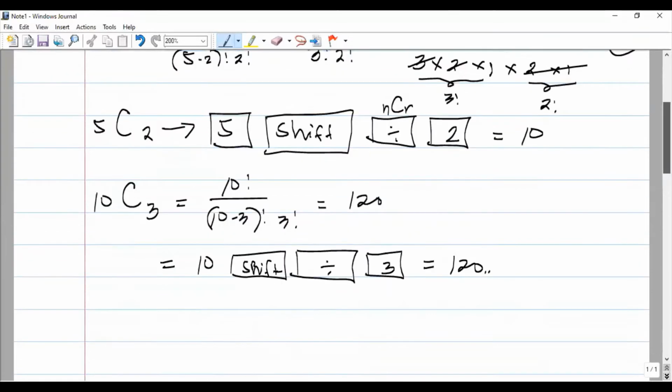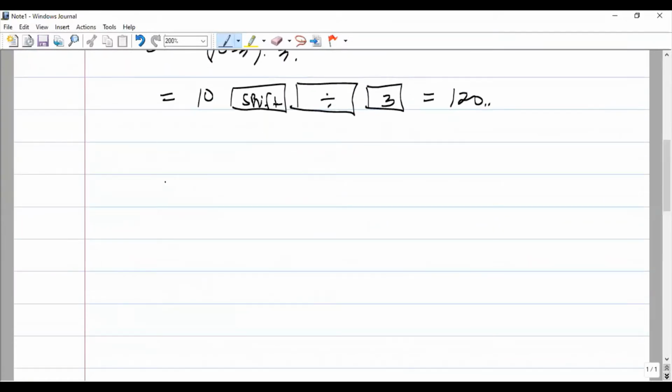So now we have our binomial theorem. The combination concept is used in the binomial theorem. So we say, let x and y be variables, and n is a positive integer.